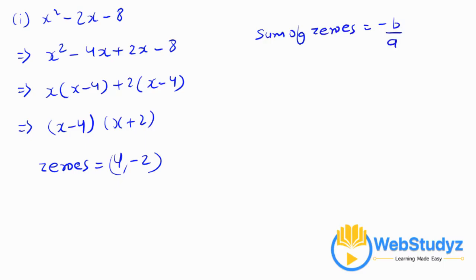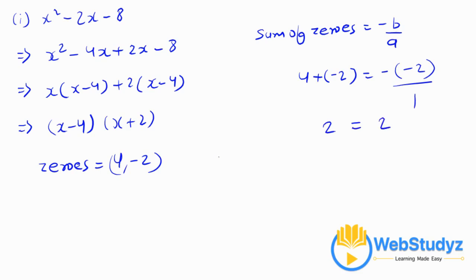That means the sum of zeros is 4 plus minus 2, and minus b by a is minus of minus 2 by 1. So on this side we get 2 and on this side we get 2.